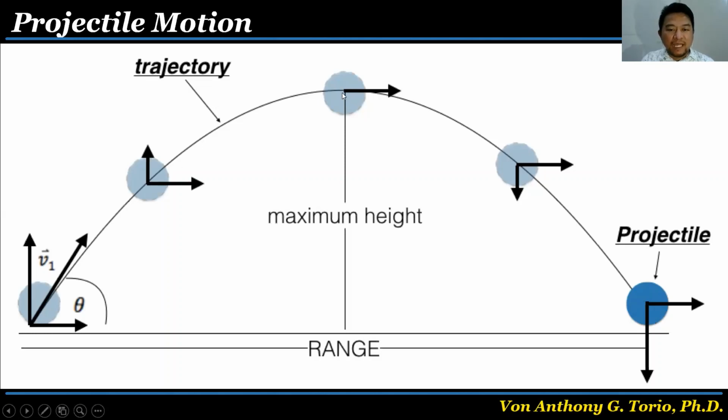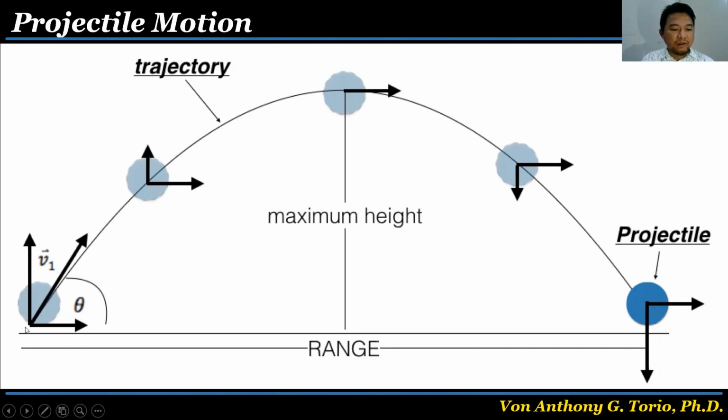At that maximum height, the velocity component along the vertical is zero. As the ball descends once again, the vertical component of the velocity increases, as shown by larger arrows. Notice, however, that the velocity component along the horizontal does not change, as illustrated by equal lengths of arrows in our figure here.